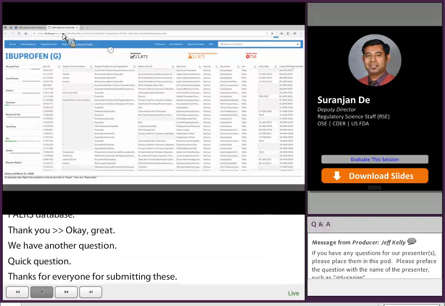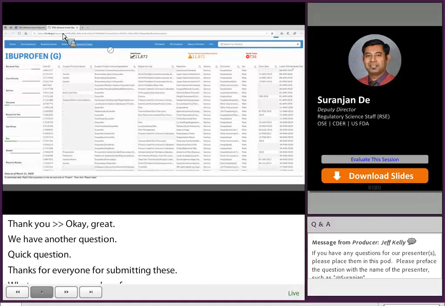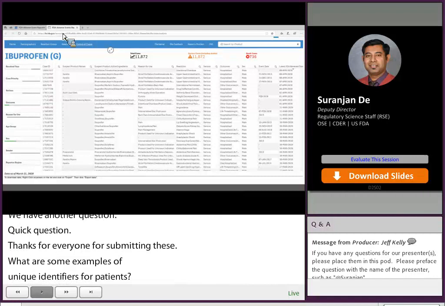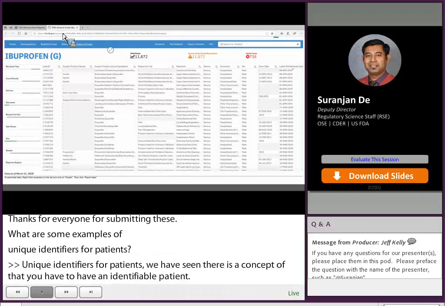Unique identifiers for patient. There is a concept that you have to have an identifiable patient, and an identifiable patient could be achieved by having a patient identifier, which could be a number, but making sure that it's not a social security number or something that can very easily identify the patient.